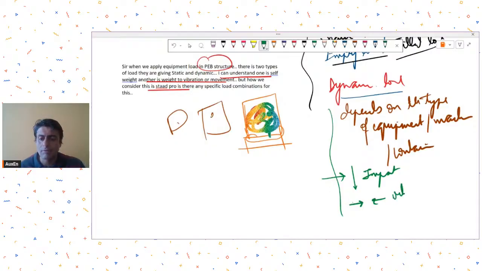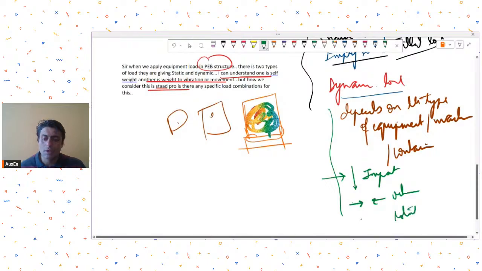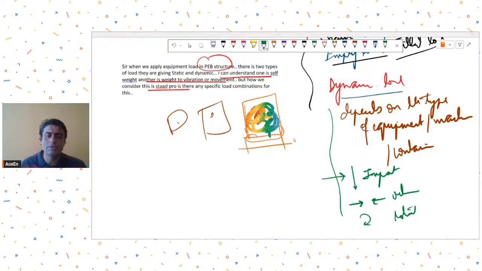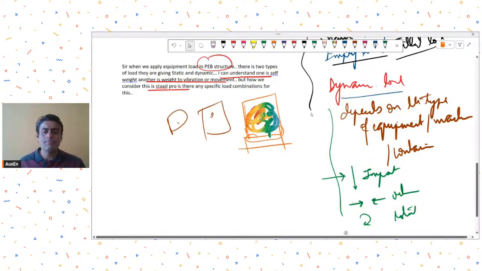If it's a rotating machine, they may give you some torsional twisting type of dynamic impacts. So depending on the type of machinery or container or equipment, they will give you the nature of dynamic load.